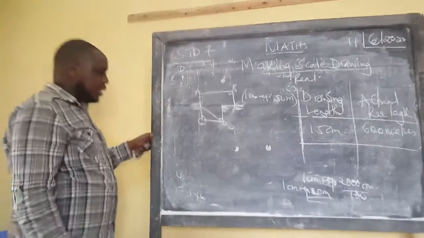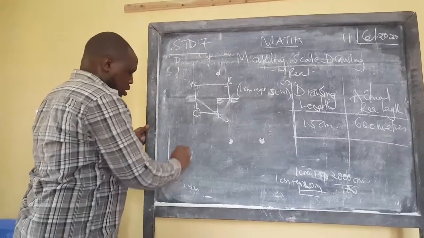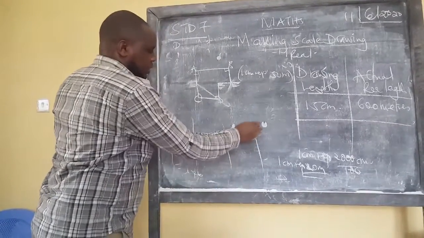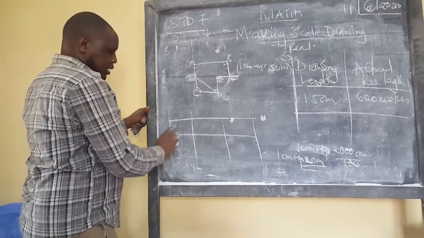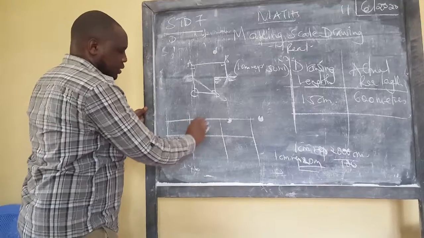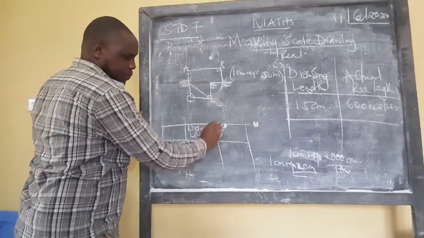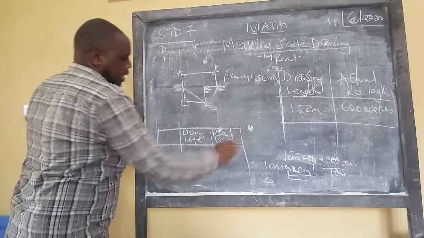A table is there, looking like this, just like what I've just given you here. We have the distance, then drawing length, then real length. I told you that is the actual length.